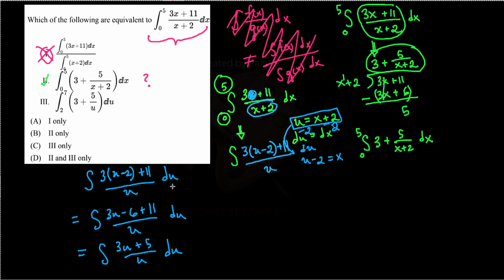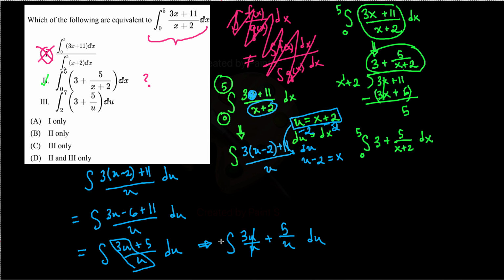And now I use a fact from algebra that I could split it along the numerator, right? So this is going to be the same thing as 3u over u plus 5 over u. I split it up along the numerator. And this cancels, and when I do that, I can see that this is just 3 plus 5 over u.